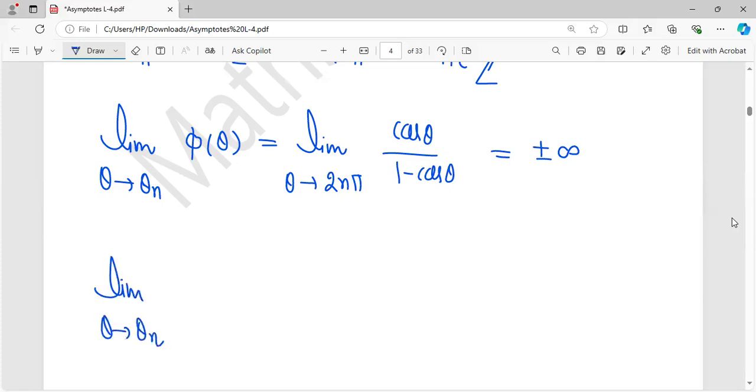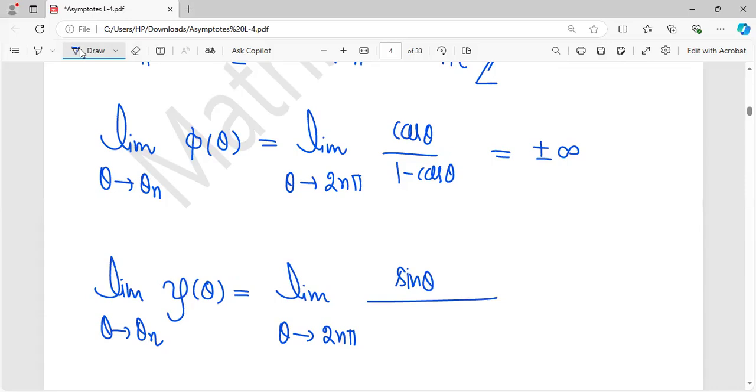And what is the limit as theta tends to theta n of psi theta, that is the limit as theta tends to 2n pi of sin theta upon 1 minus cos theta?